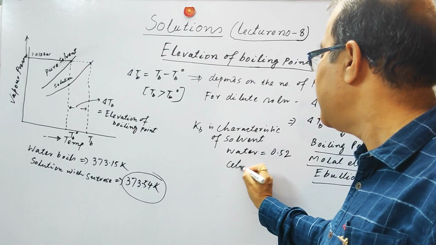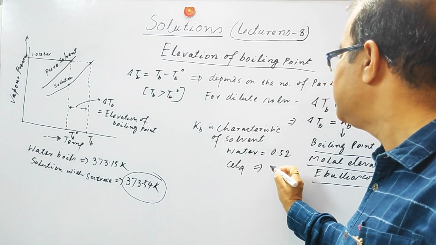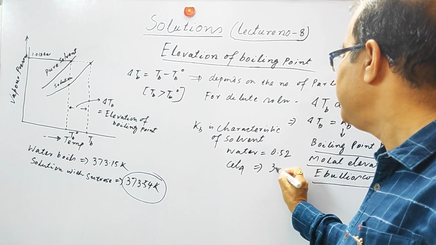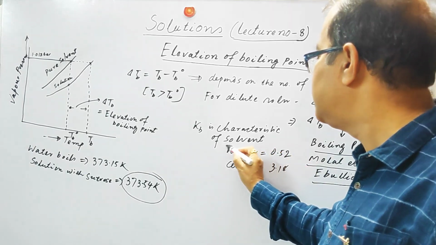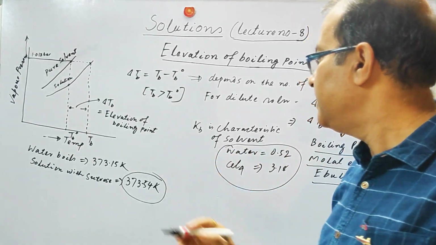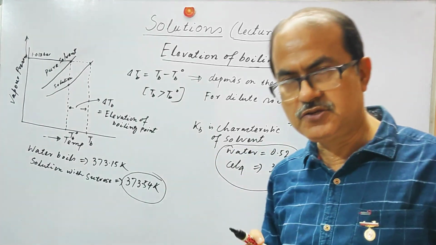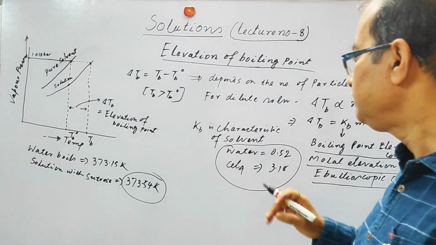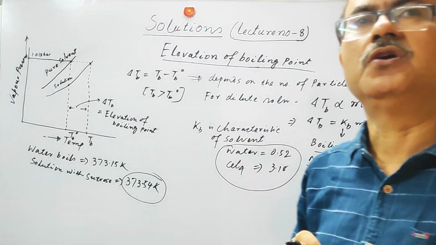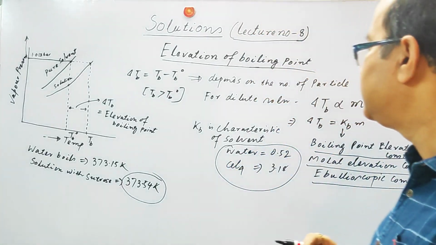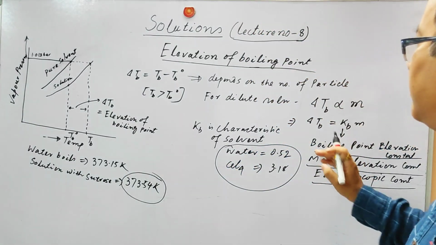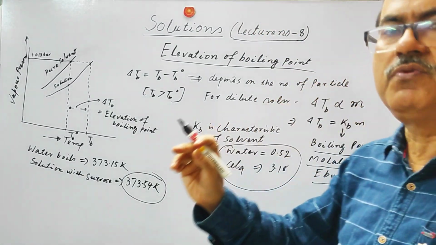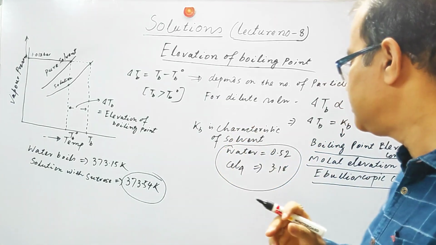Carbon tetrachloride has Kb of 3.18. So you can understand the Kb is a characteristic of the solvent, and it varies with the type of the solvent.